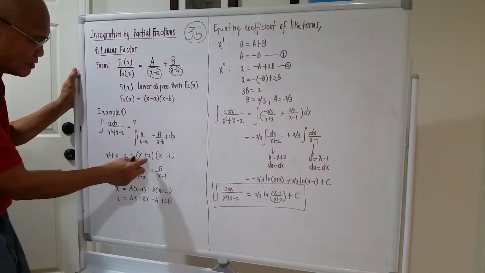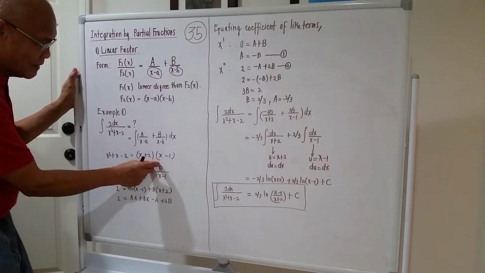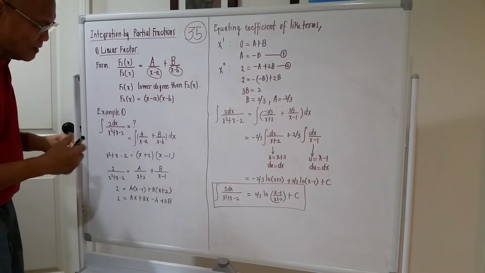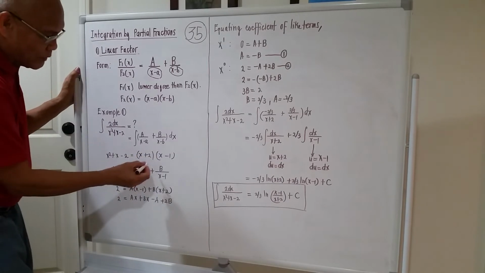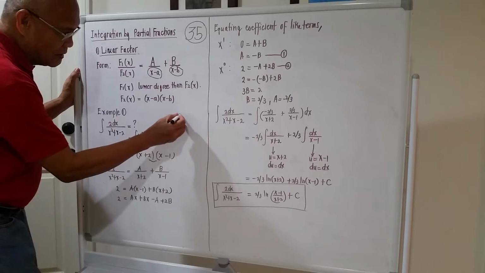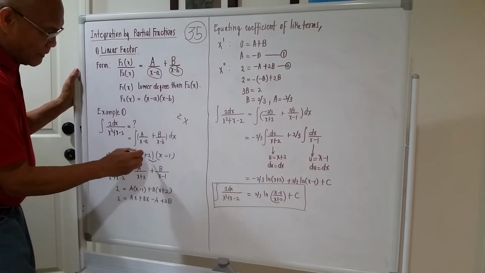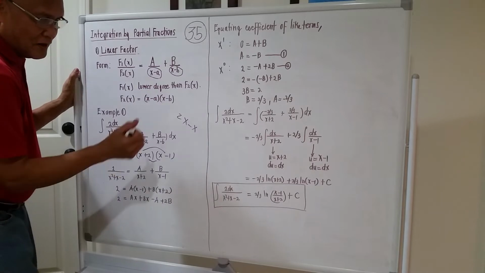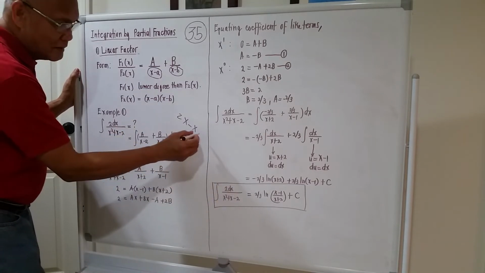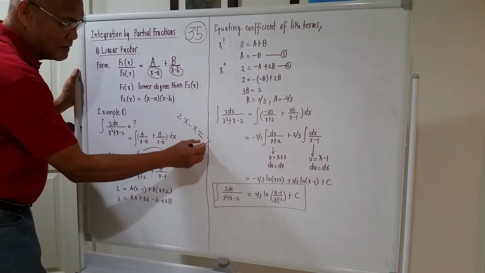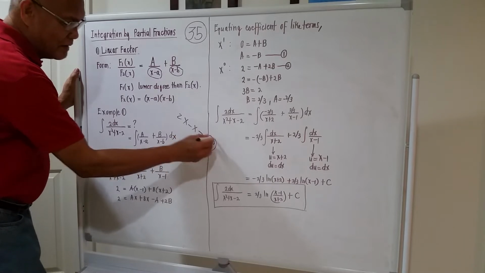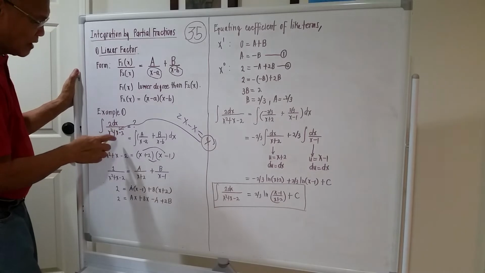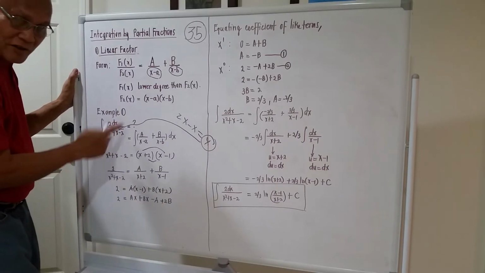The middle term is 2x minus x. x times minus 1 is minus x. Okay, I'll show you this one. This one here is 2x. This one here is minus x. If we combine, this is equal to x. And luckily, it is exactly the same as the given problem.